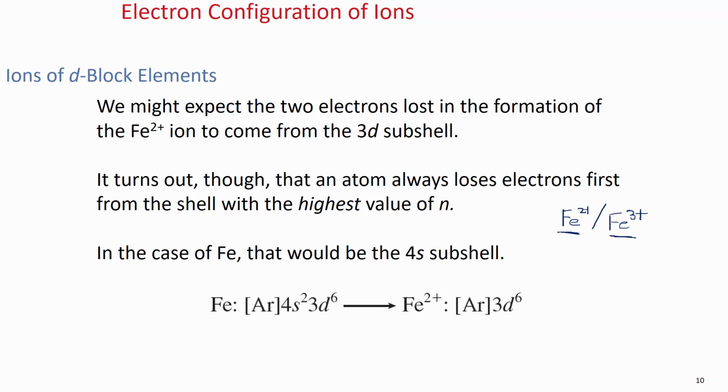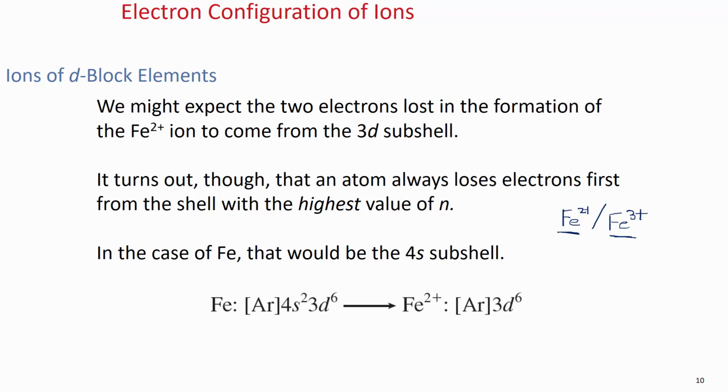So the first thing that you need to know when you form a positive ion is that you are removing electrons. The second thing you need to know in order to do this correctly is we always remove from the highest principal quantum number shell and then work our way inward. So you never remove from the 3rd energy level if there's electrons in the 4th energy level.